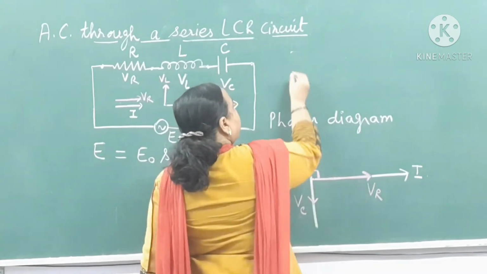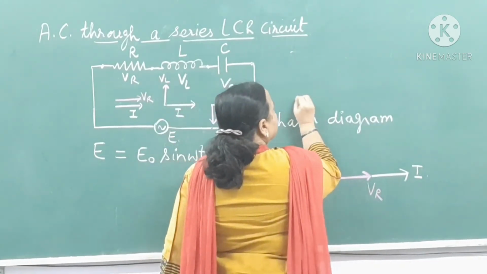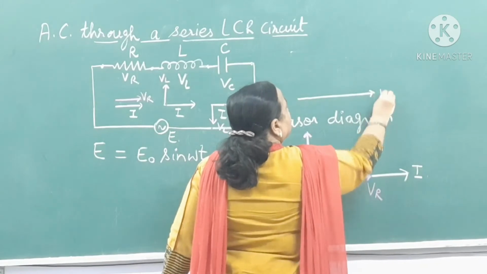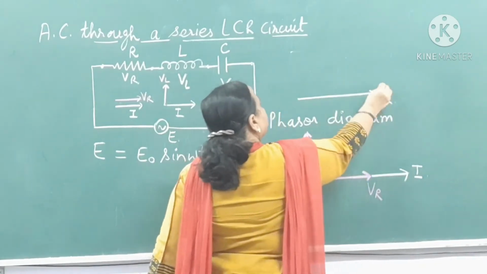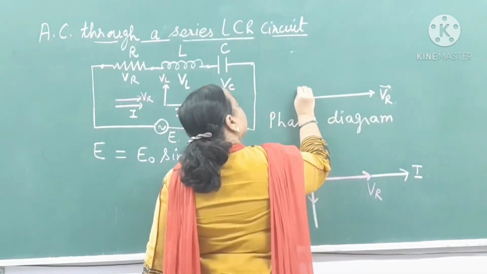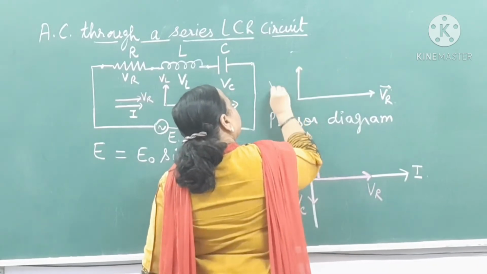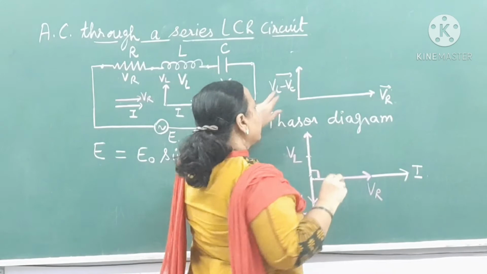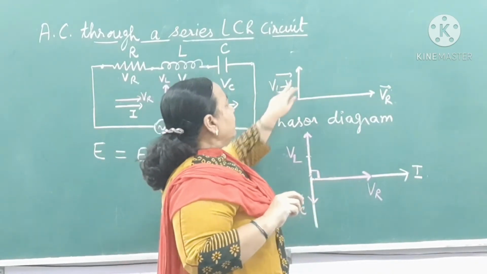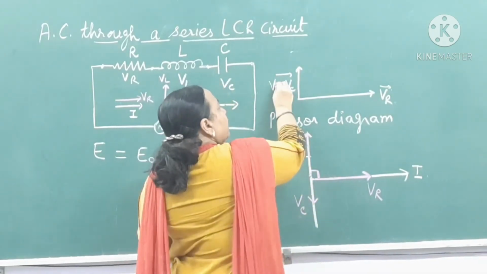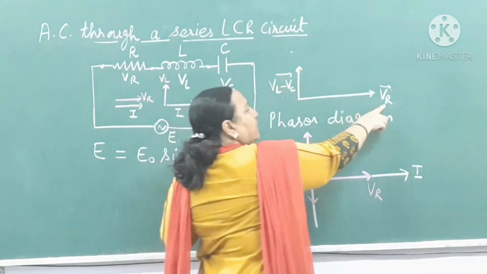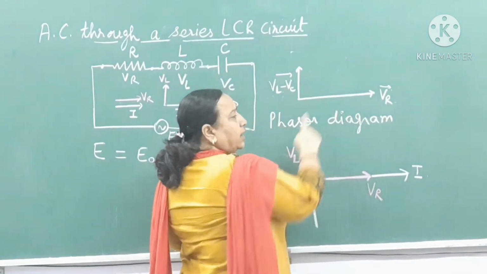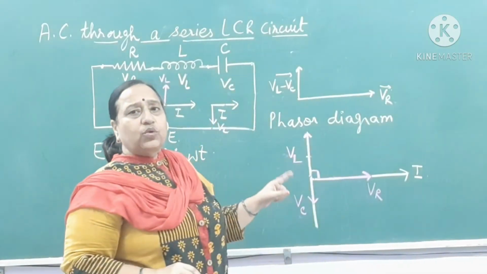These vectors can now be described as: this is the VR vector, and here we get the VL minus VC vector. This is a single vector now having its magnitude equal to VL minus VC, and another vector is VR. They are inclined at an angle of 90 degrees to each other.